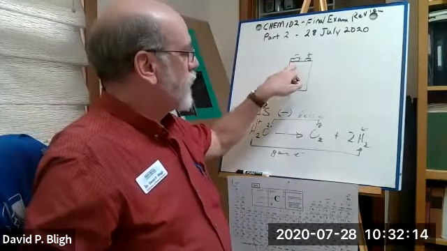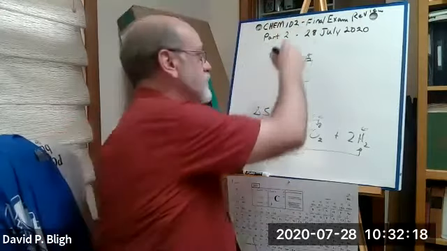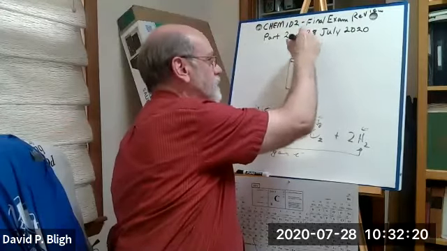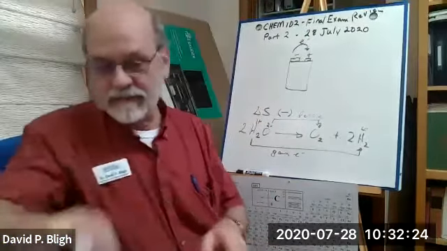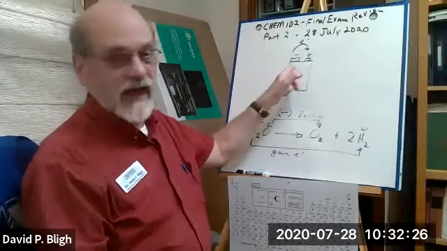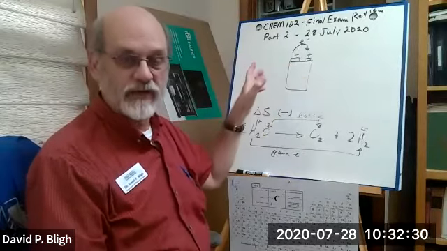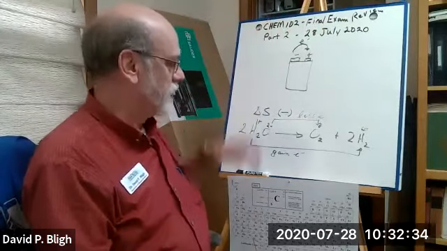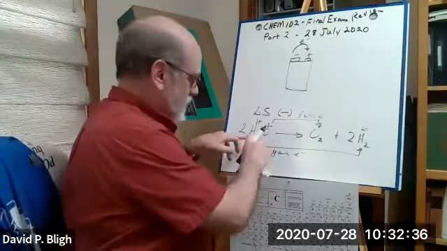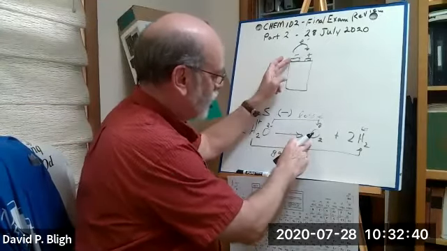Okay, what does that mean? That means electrons are exiting that port, electrons are entering this one. So it's going from here to here. So what does that mean? That means this side is the anode, because the anode oxidizes and releases electrons. So water is losing electrons at that point.